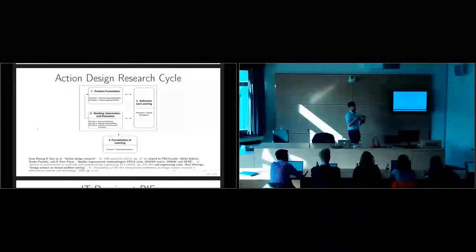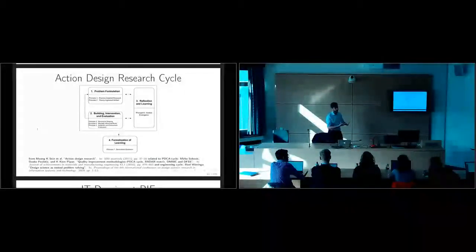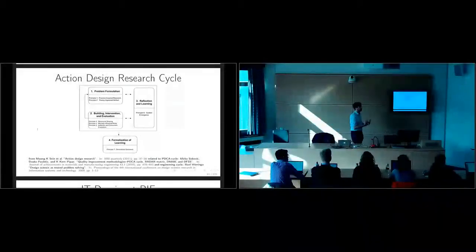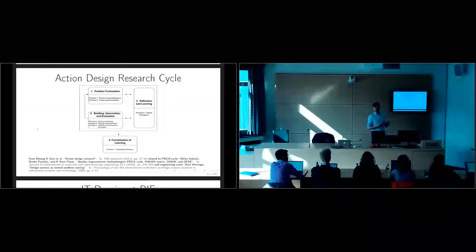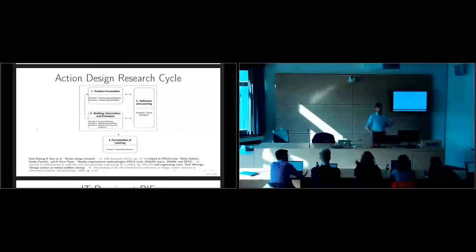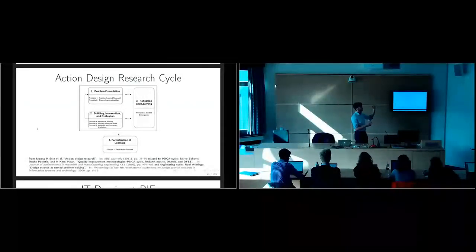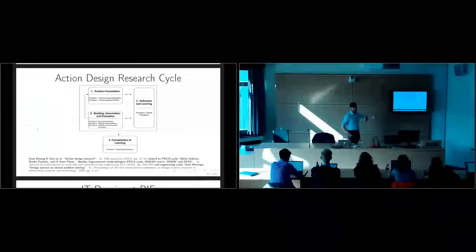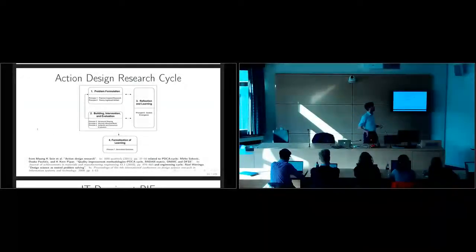And once we have an idea or a plan for a solution, we can start building, intervening, and evaluating. That is the engineering part of the solution. So we build an initial version, we test it. In reality, we evaluate whether it's good enough or not. If it's not, we take in the feedback, build a new one, and so on until we have a good product.